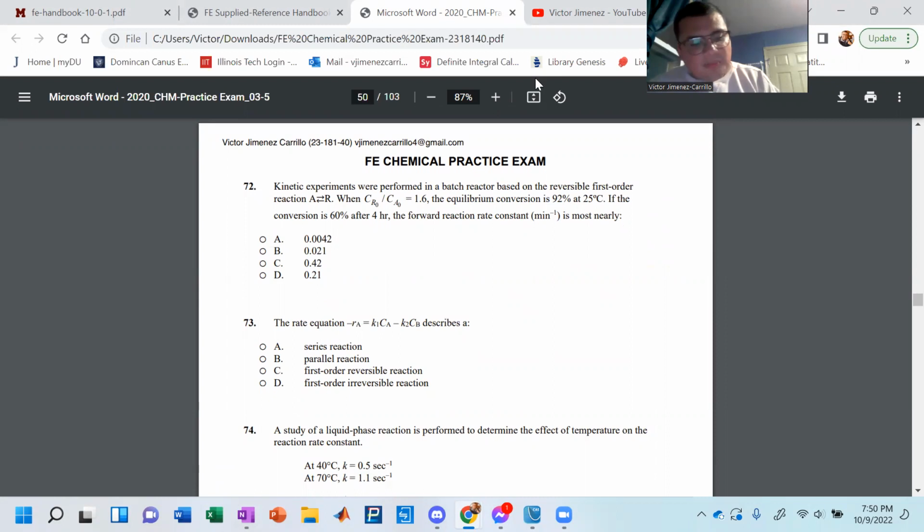There's a lot to remember, but if you look at a first order reversible reaction in the chemical engineering reference handbook, they give you a beautiful equation that looks like this.